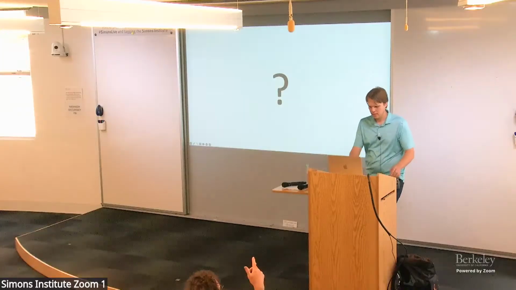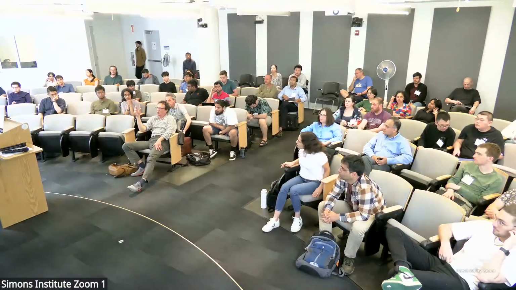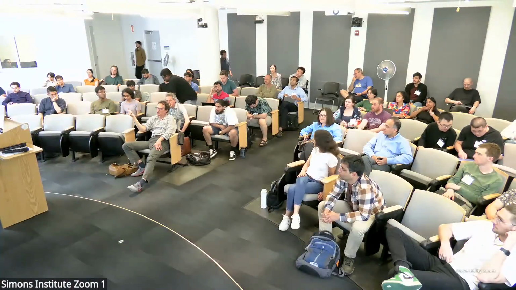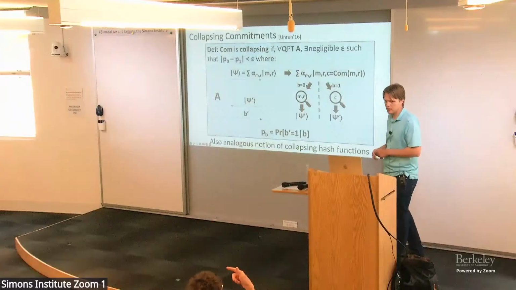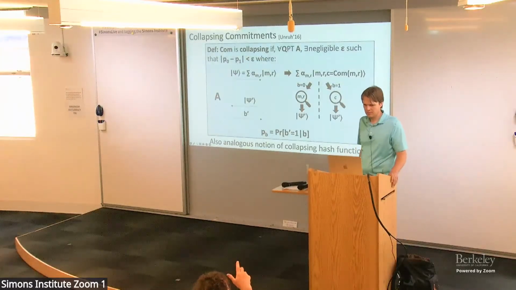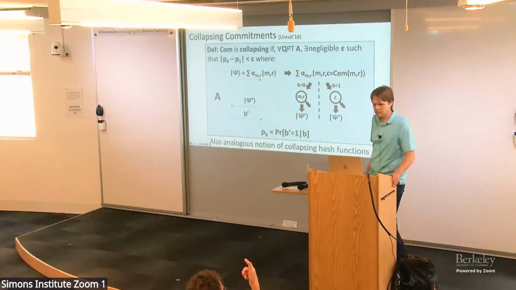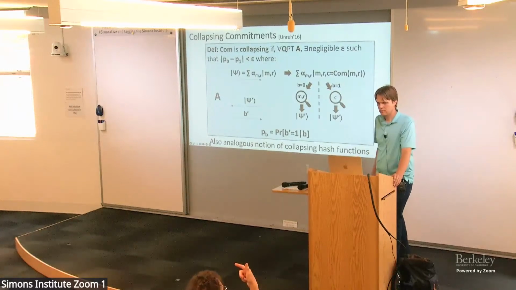Can we go back to the original definition? I didn't understand why, when the state psi prime gets sent back to Alice, are there any special constraints to make sure that psi prime can be sent back, that it's physically plausible?